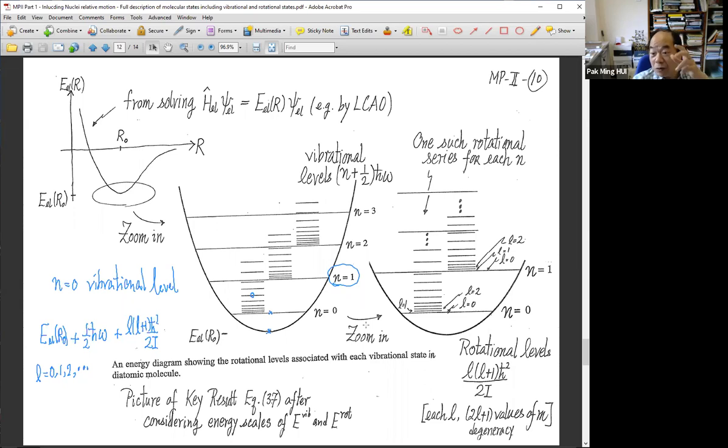So you have to write on the envelope the full address, including the electronic energy, which is the minimum, the vibrational level N and L, okay? That is the complete description of the energy of a molecule. Get me?